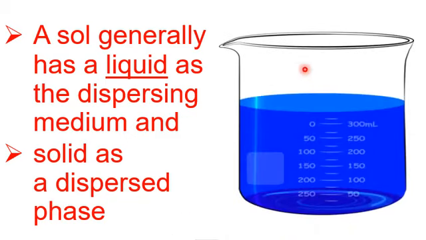So, student, in simple words, a sol generally has a liquid dispersing medium, whereas the solid is the dispersed phase. It can be explained simply: a sol has a liquid dispersing medium, and this liquid dispersing medium is usually a solvent, and the solvent may be water as well as alcohols.